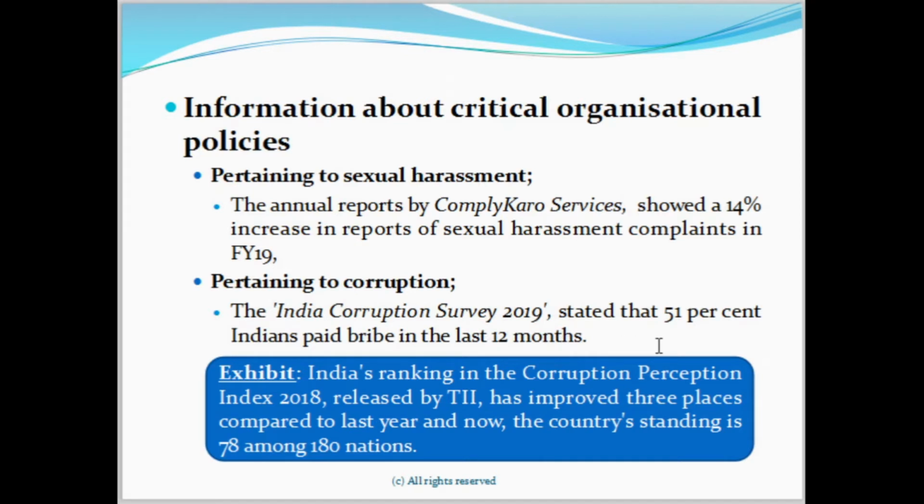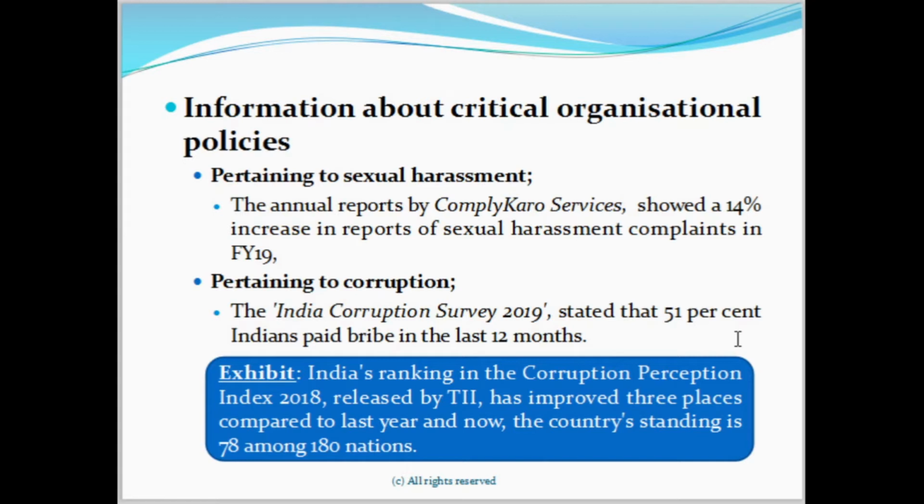Now please understand, when companies work on policies like zero tolerance for corruption and zero tolerance for sexual harassment, such critical information becomes very vital and must be made part of the induction program. So these are some of the areas which shall be made part of the induction program.